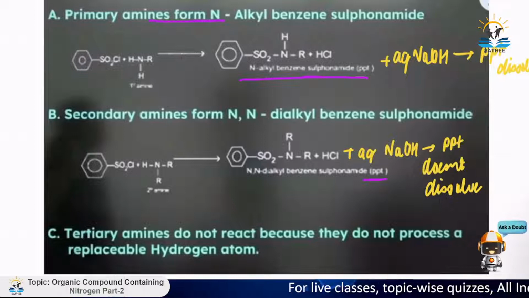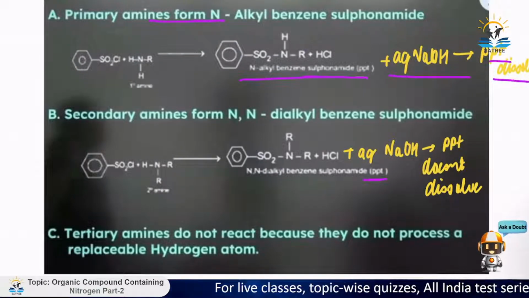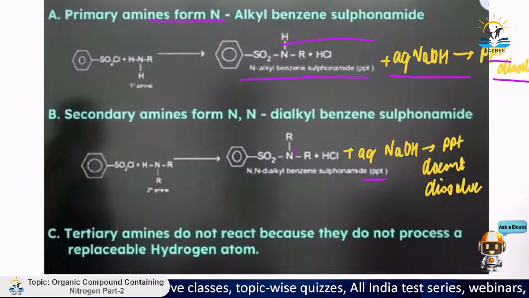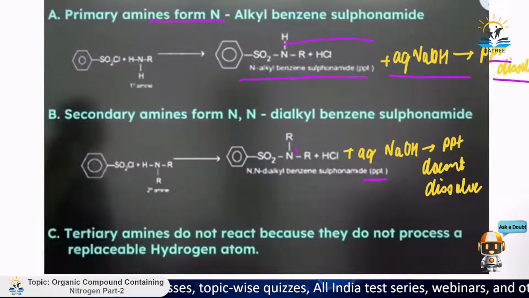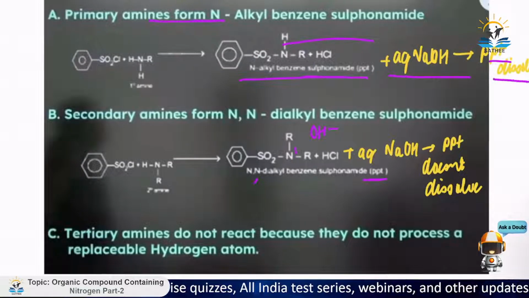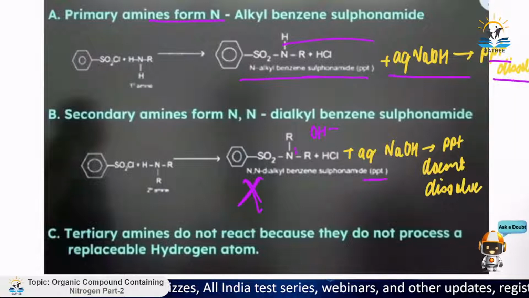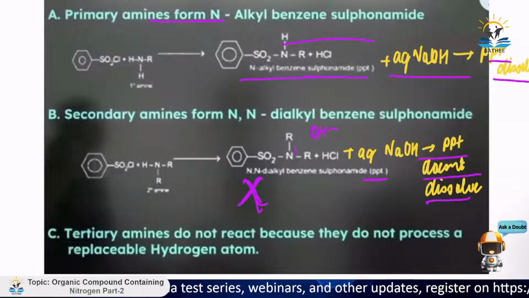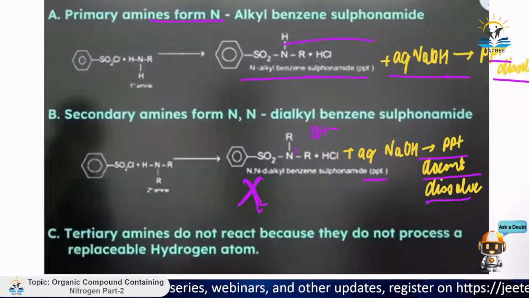Secondary amines will also form PPT, but in aqueous NaOH, this PPT will dissolve. Why? We saw that one H plus ion will go, but here there is no H plus ion. How can it react with OH minus ion to form a salt? So this is not going to dissolve. The PPT won't dissolve. So we are able to differentiate primary and secondary amines.